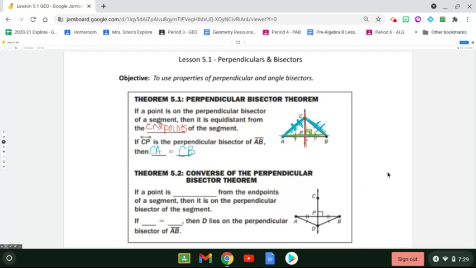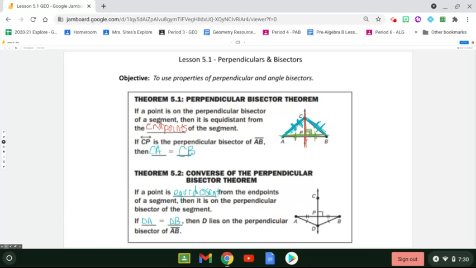All right, and then the opposite is also true, the converse of the perpendicular bisector theorem. It says if a point is equidistant from the endpoints of a segment, then it is on the perpendicular bisector of the segment. So for example, if we're looking at the triangle at the bottom, triangle ADB, and we know that DA is equal to DB, then we can say that D would be lying on the perpendicular bisector of AB.